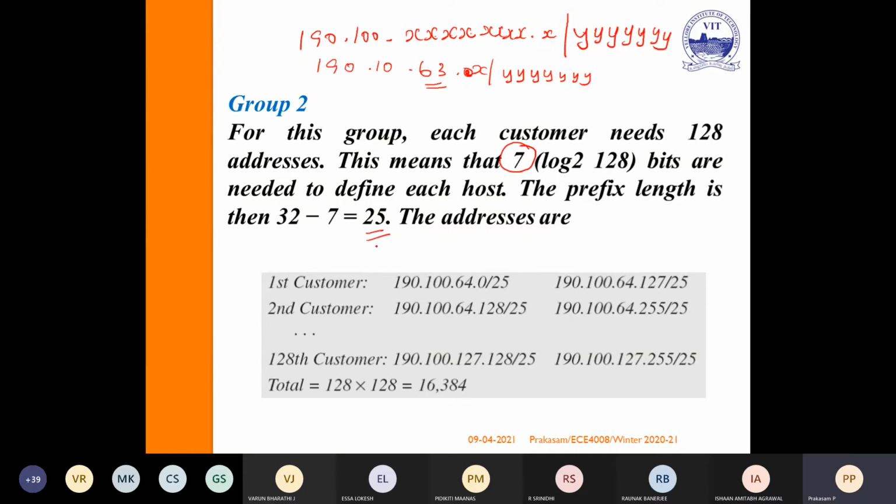This 63 is fixed. Now I am increasing this because this is the lowest bit. I can assign 0 for this, or maybe 1. Because 63 is assigned already, this will come as 64. I am assigning 0 for this, so from all 0s to all 1s.